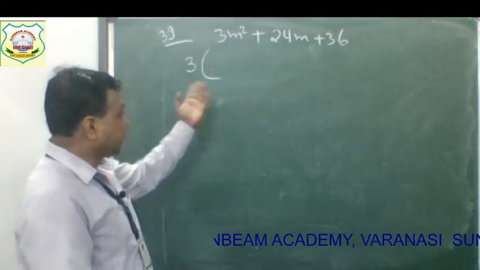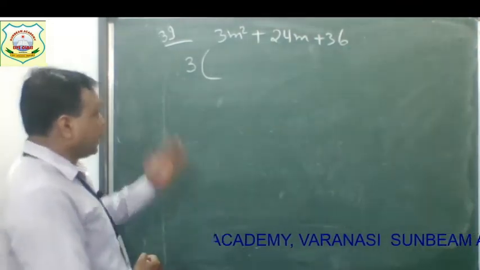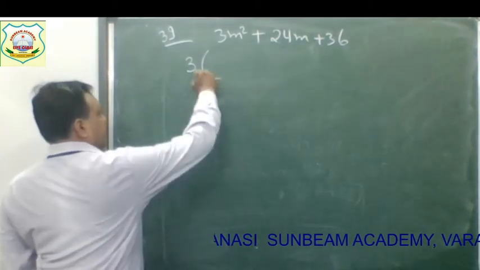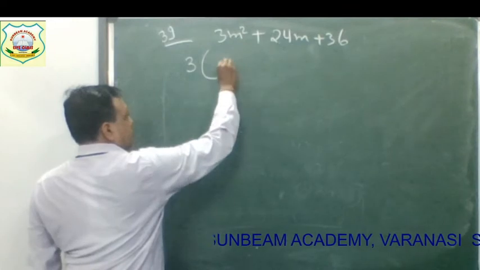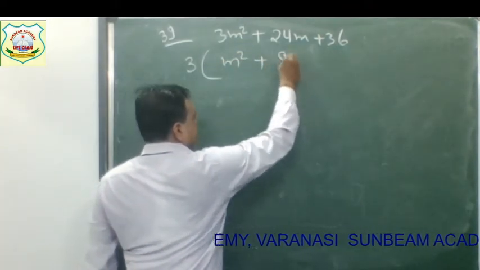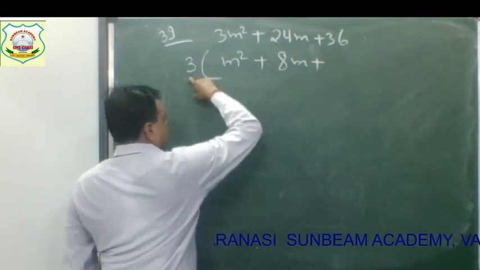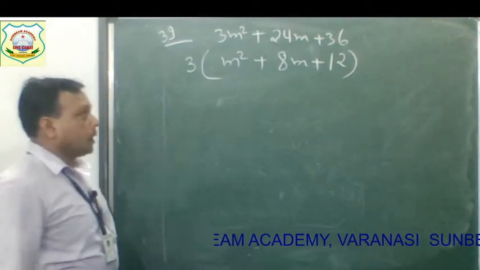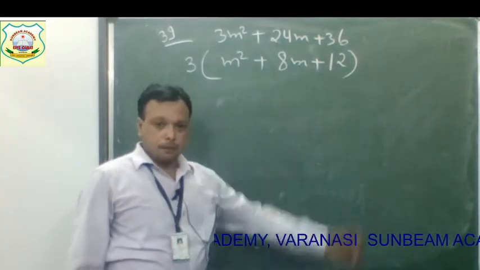But here we should take the common factor first. So what do we get: 3 ones are 3, m squared; 3 eights are 24, 8m; plus 3 twelves are 36, 12. So we get m squared plus 8m plus 12.